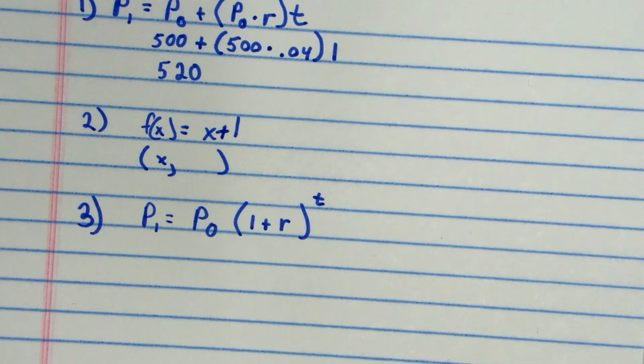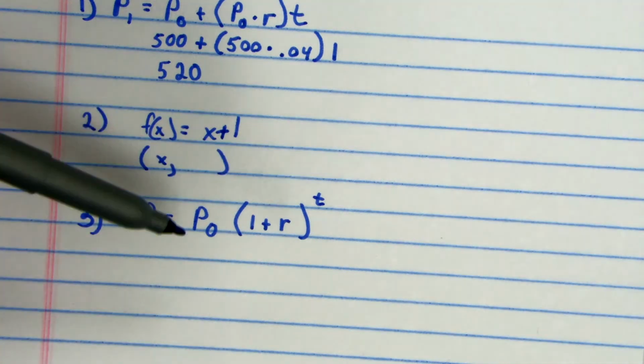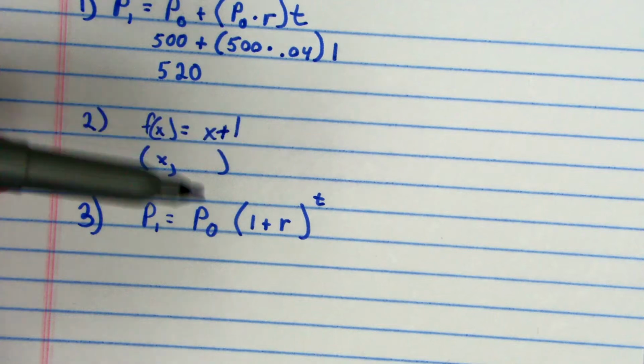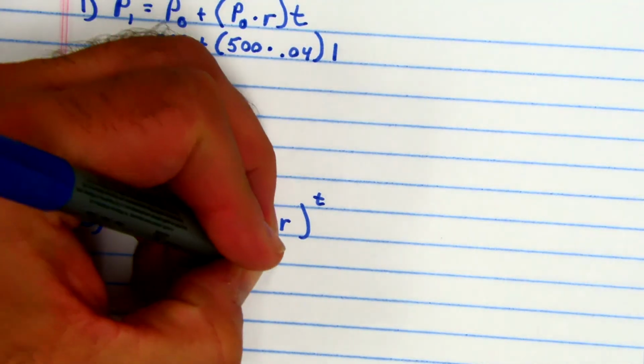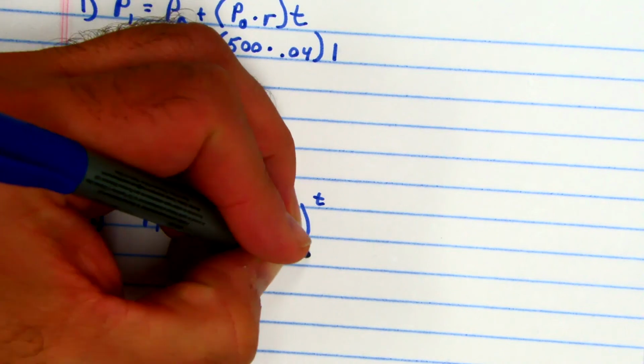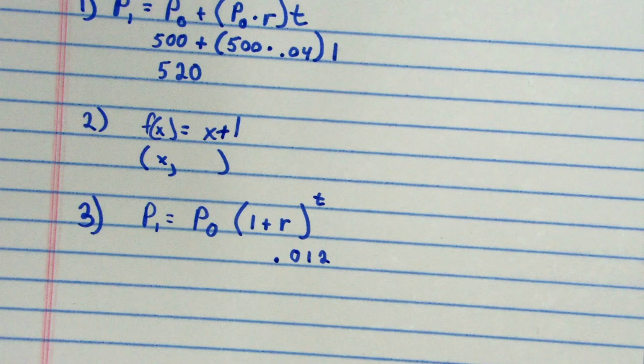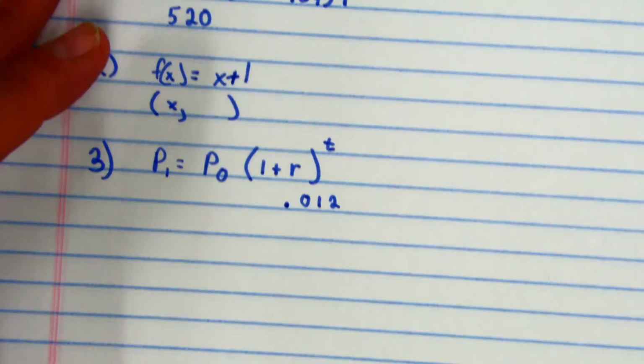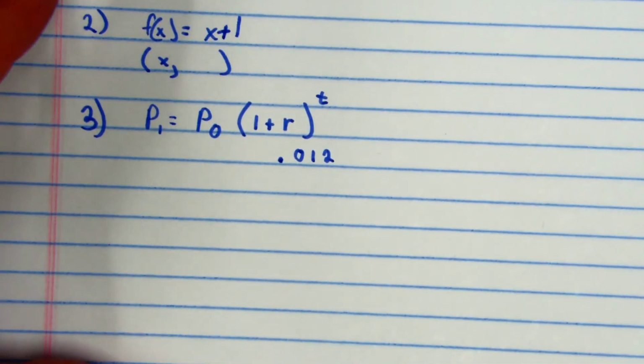So you put the original amount in. The difference is you have to make sure you put 1.2% as 0.012, and that's usually where most people make the mistake, putting the decimal in for the percent.